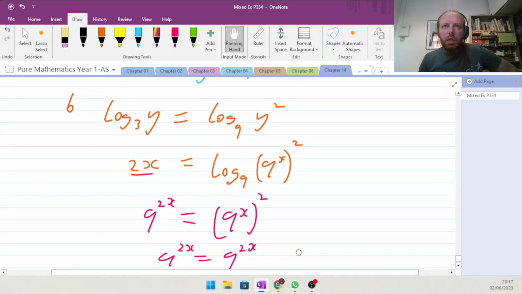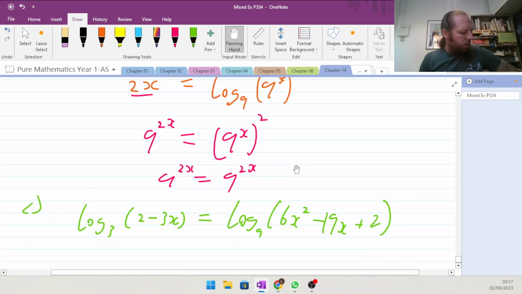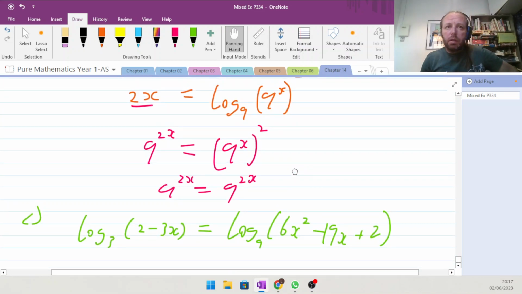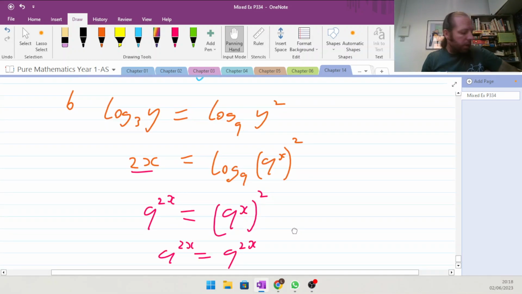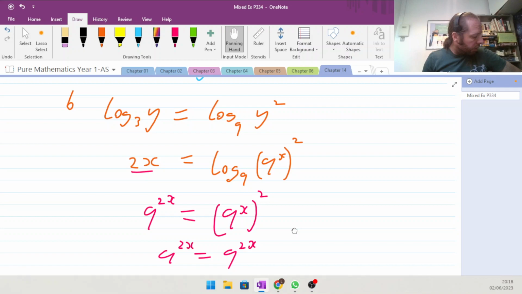So if that's y, that's equal to that squared, 2 minus 3x. So we're saying log 3 y is equal to y squared is what they are suggesting to us. Use your answer to part B to solve the equation.